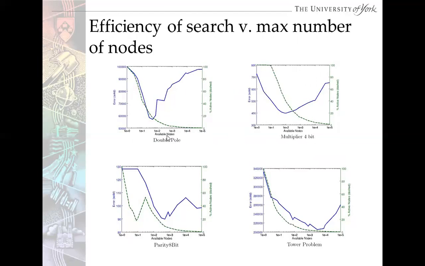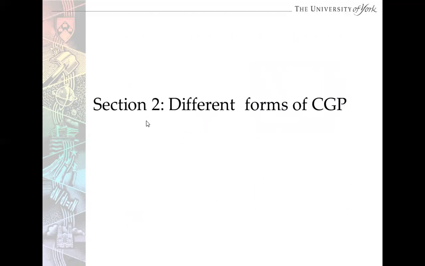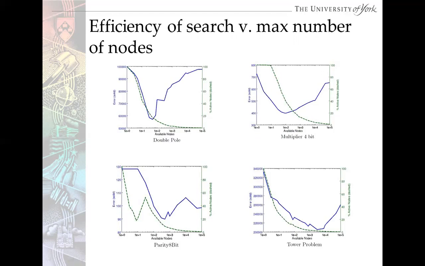So when you look at the ideal number of nodes to use in these four problems, you find that double pole is best with about 50 nodes. The 4-bit multiplier, which is a very difficult circuit synthesis problem, seems to perform best when the genotype has 100 nodes. 8-bit parity seems to be best around 600 nodes.